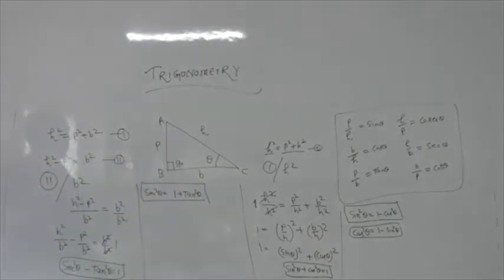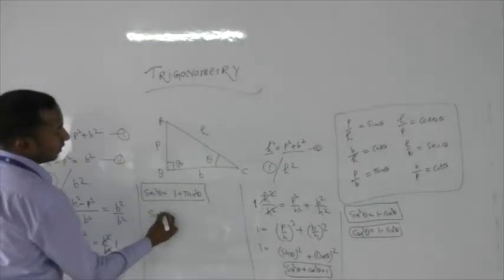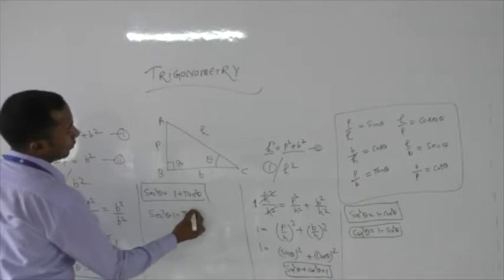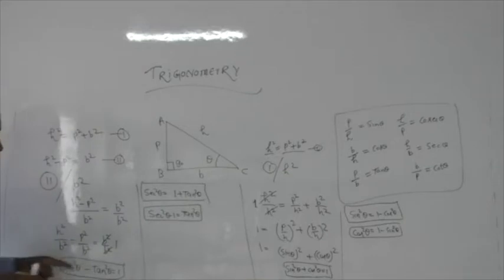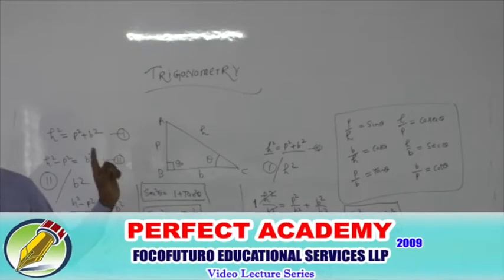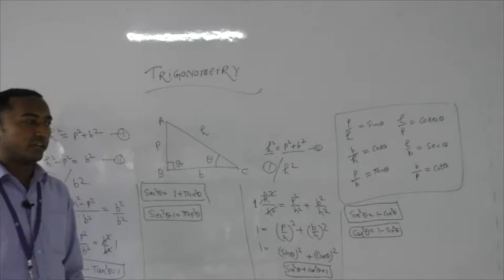If you want to find the value of tan square theta, you will get sec square theta minus 1 is equal to tan square theta. So these are the two more formulas based on this identity: sec square theta minus tan square theta is equal to 1, sec square theta is equal to 1 plus tan square theta, and sec square theta minus 1 is equal to tan square theta.